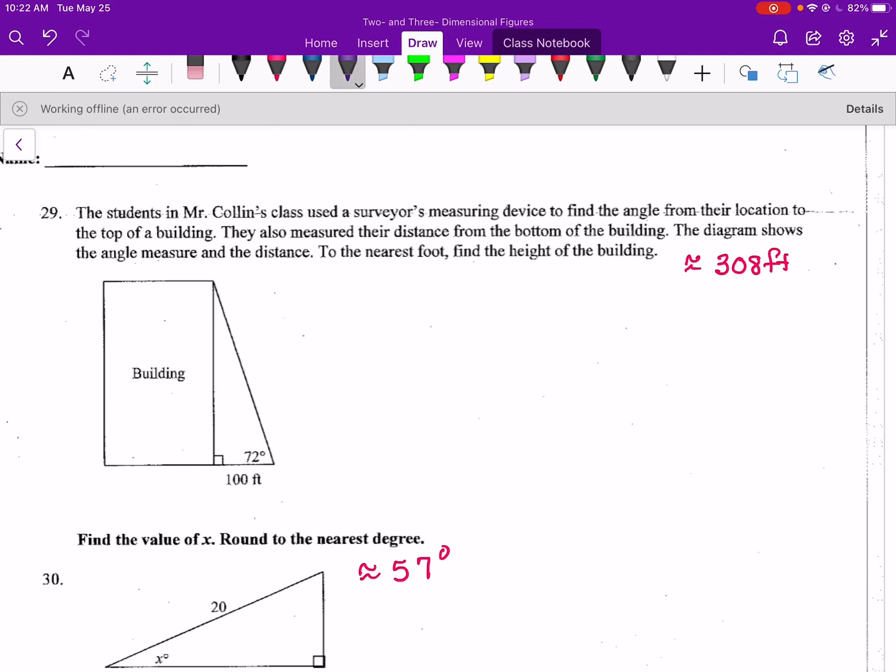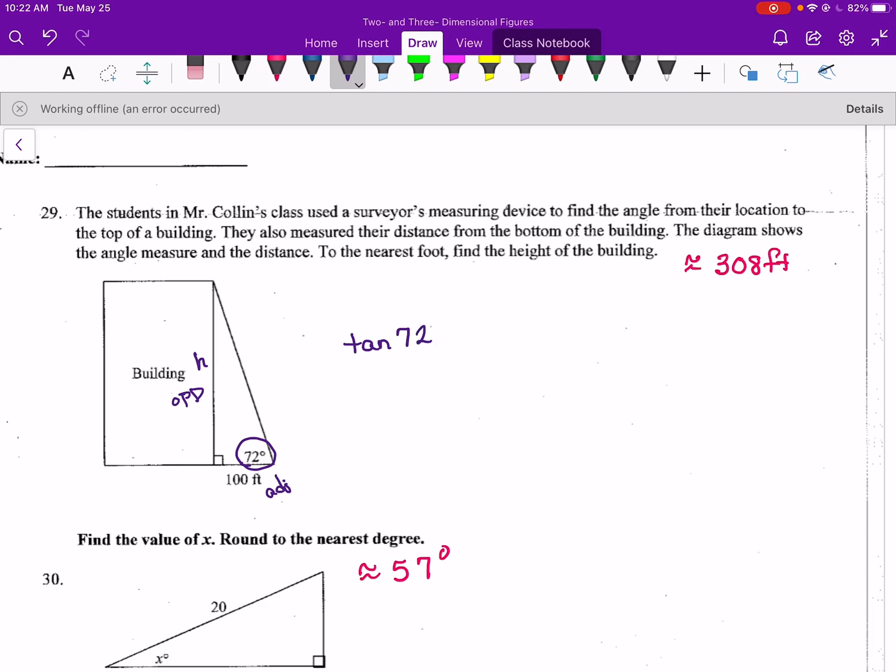If you read the whole thing, what they're asking us for is the height of the building, so let me call that h. I'm given an angle. When I look at the sides that I'm given, the opposite side is the h, and I'm given the adjacent side. That's the 100. Tangent is the trig function that uses opposite and adjacent.